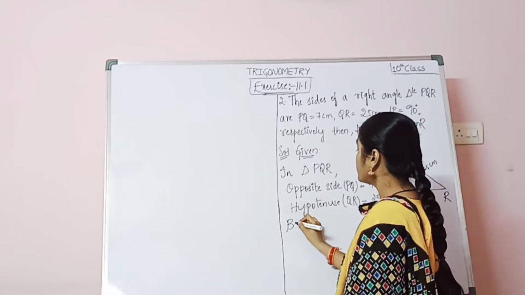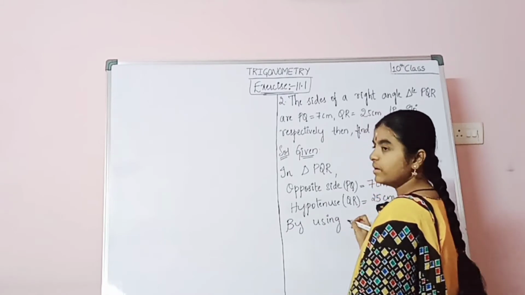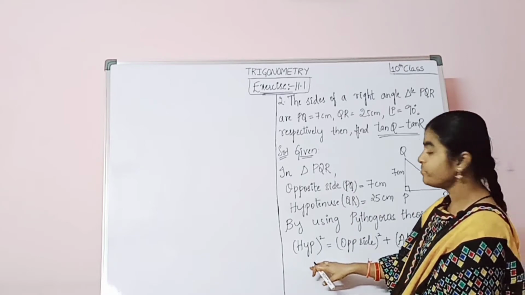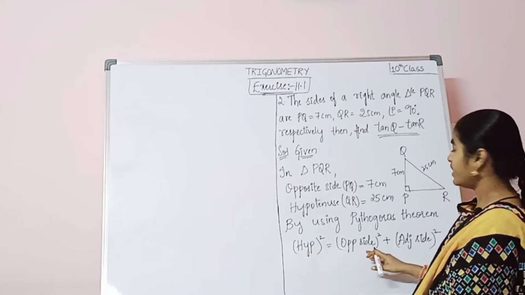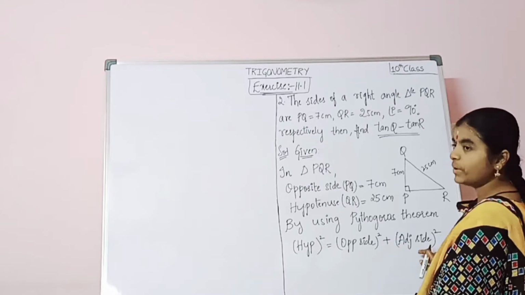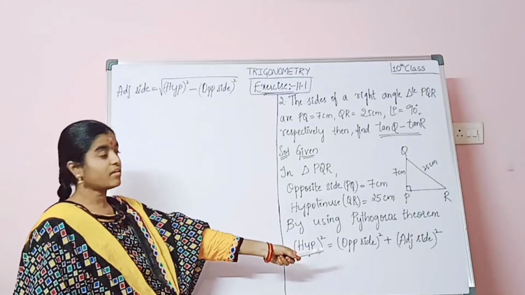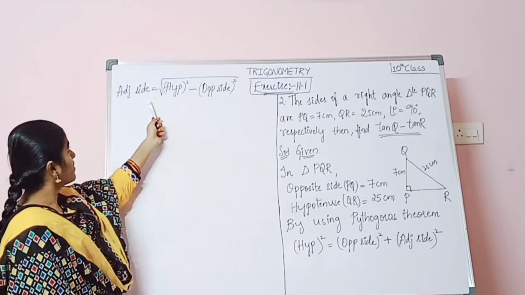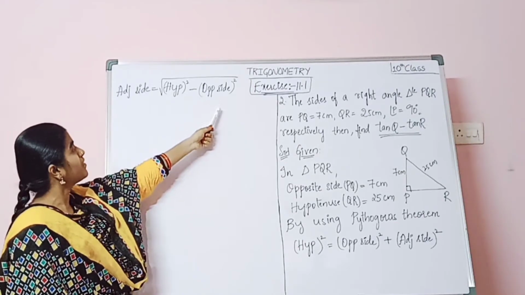So for finding the adjacent side, we have to use the Pythagoras theorem. What is the formula for the Pythagoras theorem? Hypotenuse square equals opposite side square plus adjacent side square. For finding the adjacent side, the formula is: adjacent side equals the square root of hypotenuse square minus opposite side square.